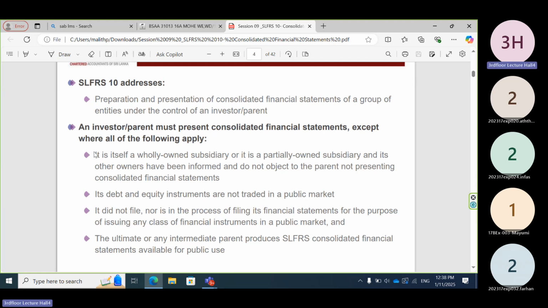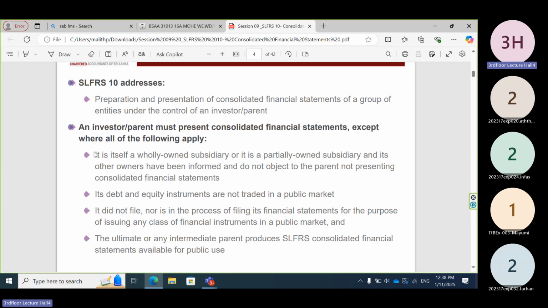And then the last one, this is the one that quickly comes to mind. If you have an ultimate parent, that parent may do the consolidation, right? So then that will be available for public use. If it is so, you don't need to do the consolidation, right?